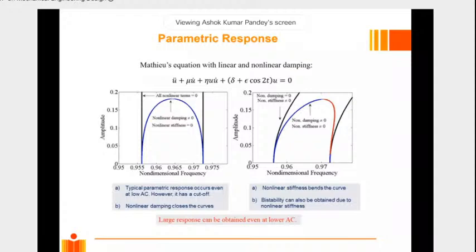But if the response itself is very small, the signal will be very weak and you will not be able to measure it. So with less force, how to improve the response is something that we also look for, and this parametric excitation adds value to it. So what is parametric?